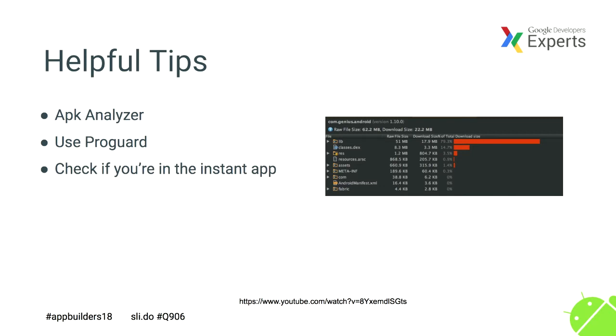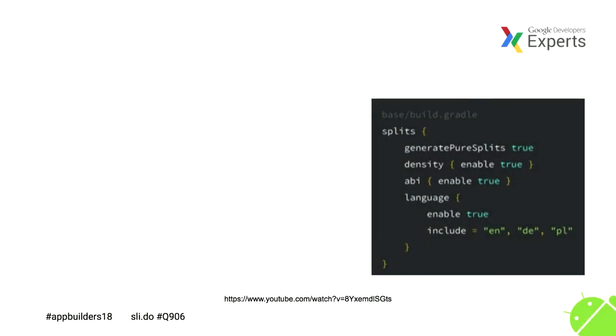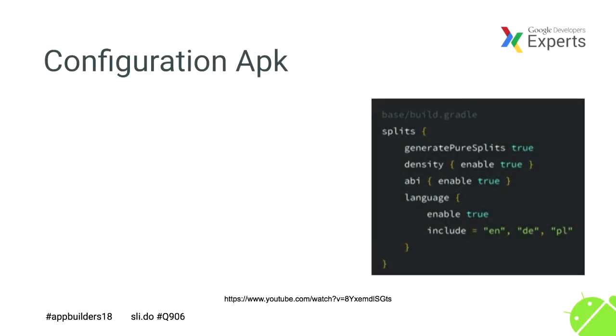And also, the framework tells us whether we are in the instant app or not. That will be helpful. Using WebP for image optimization is another important point. And also, you can use downloadable fonts. It starts with support library 26. It would be helpful. And another thing is configuration splits.